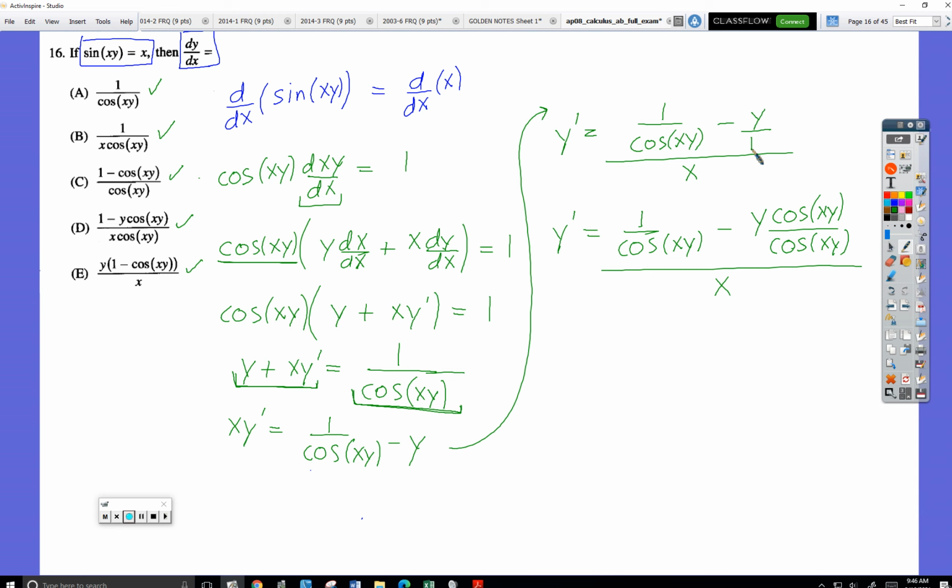To do that, I've got to have a common denominator. So I multiply the y by this special version of 1. That box is just 1. So y multiplied by 1 is just the same thing, just written differently. That allows me to now combine those two numerator fractions, like so.